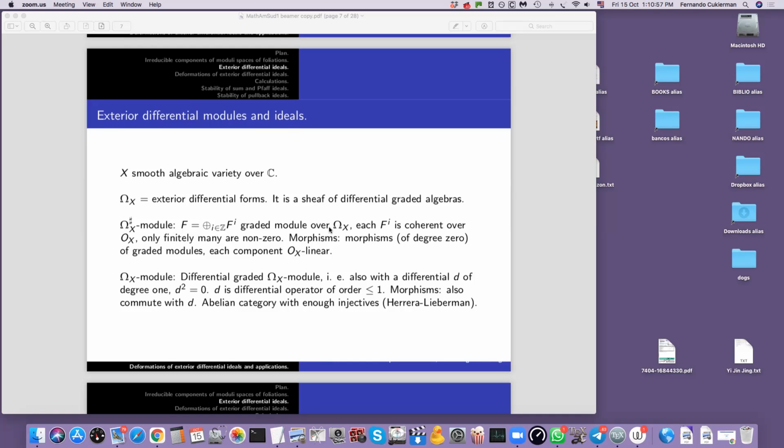That I will call an omega-sharp module. You will see why in a second. And morphisms of these are morphisms of degree 0 of graded modules over this ring.